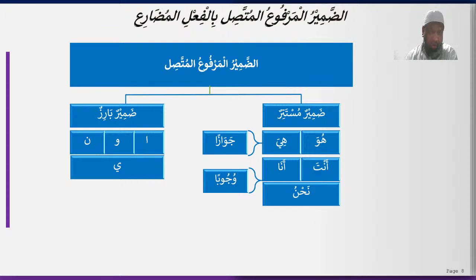And the noon is for نون النسوة, جمع مؤنث. Okay, so these are the ضمائر بارزة. These are visible, we'll be able to see them. But on this side, ضمير مستتر, they are not visible, they are hidden.